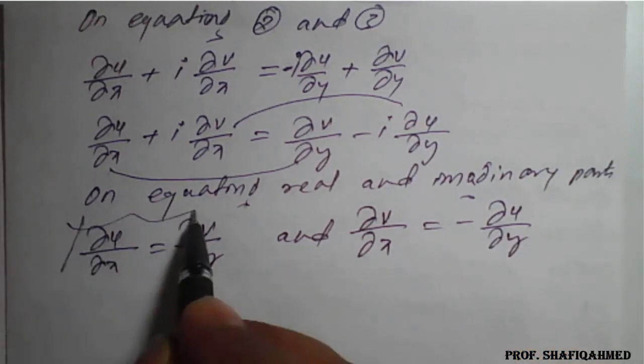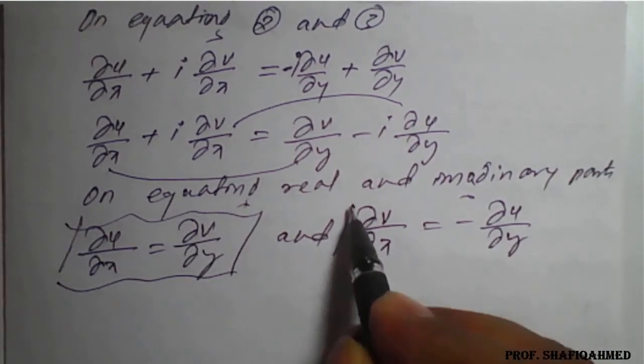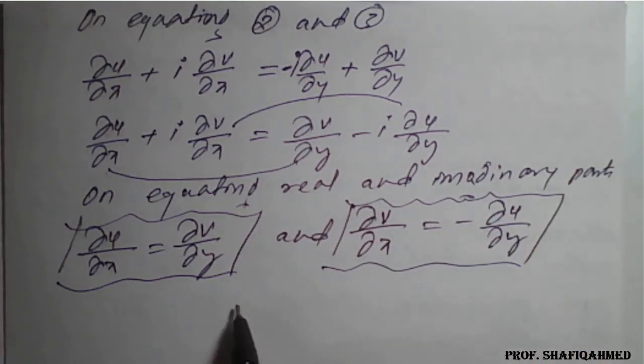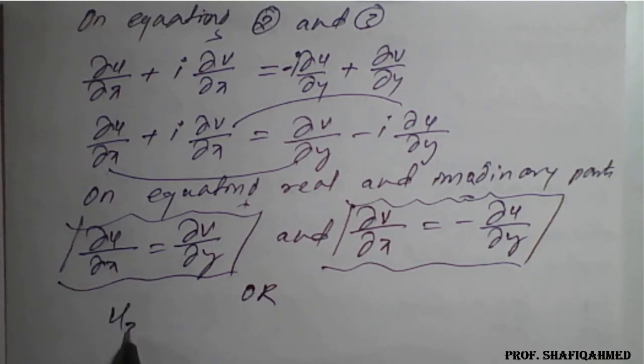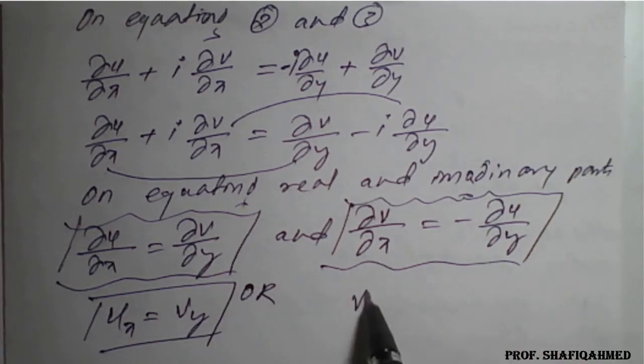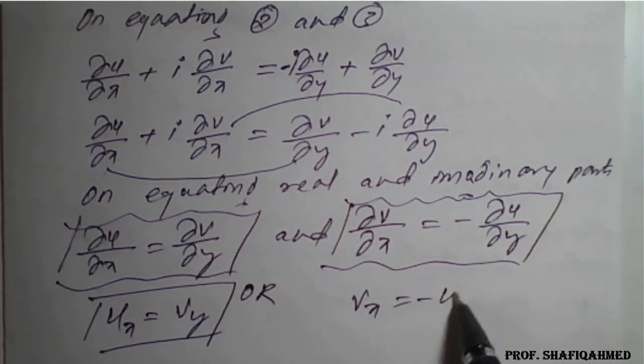So this is the expression for the CR equation in Cartesian form, or it can be written as ux is equal to vy, and vx is equal to minus uy.